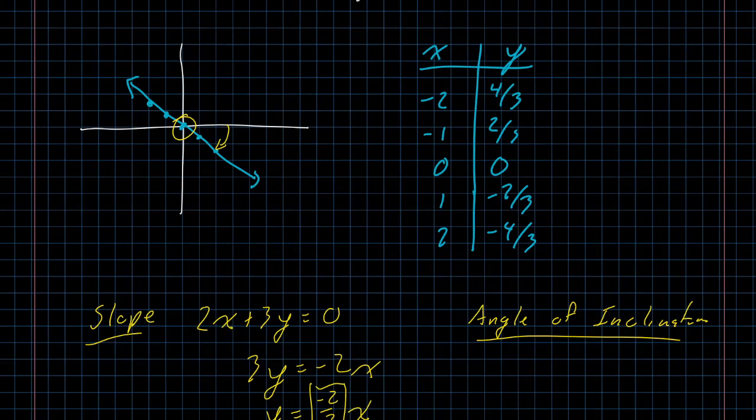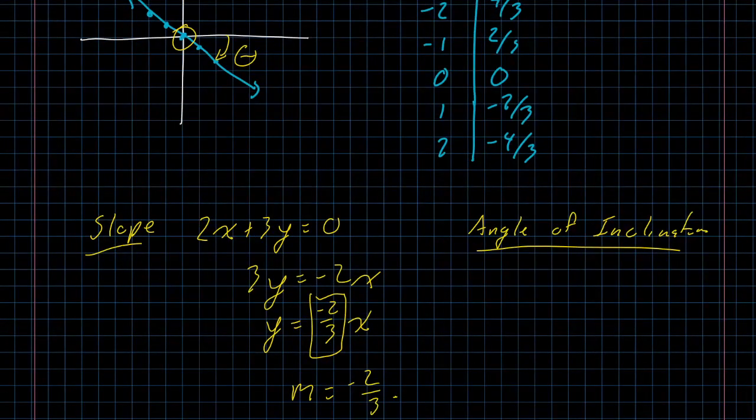So the angle of inclination is going to be the angle this way. It is going clockwise, so it is going to be a negative angle. And we define the tangent of that angle as simply the slope of the line.